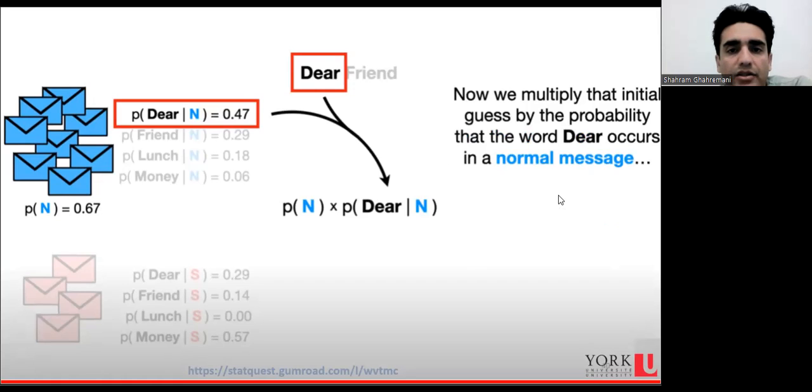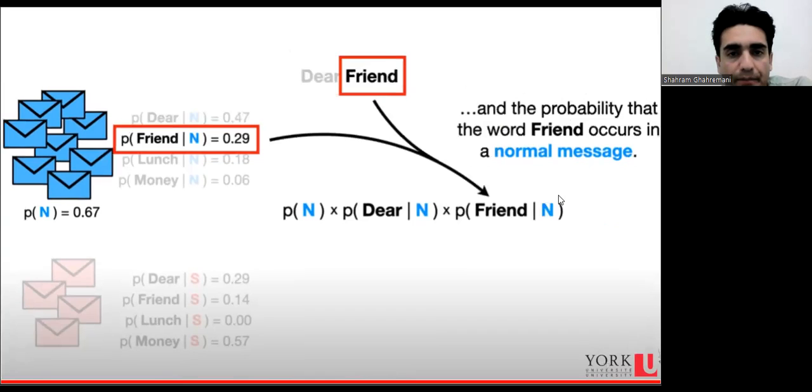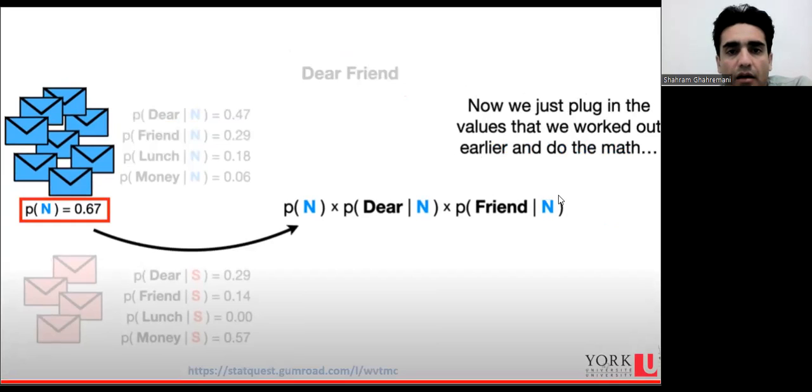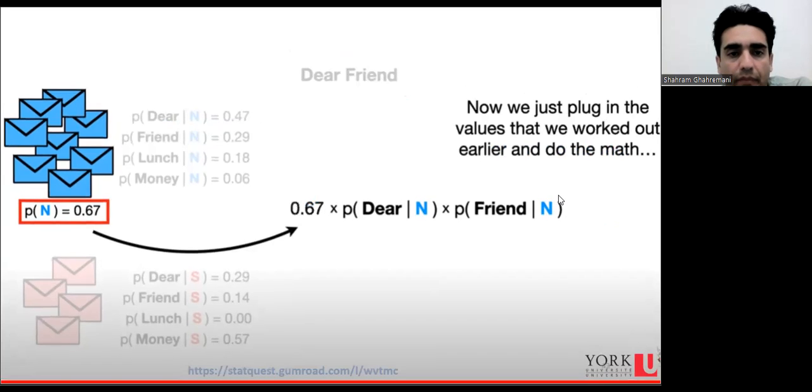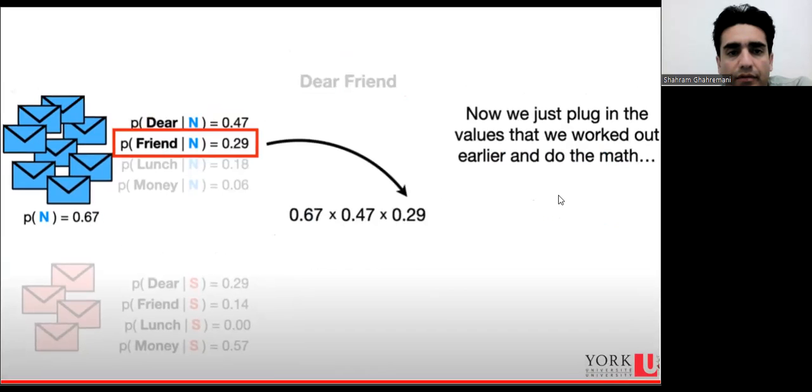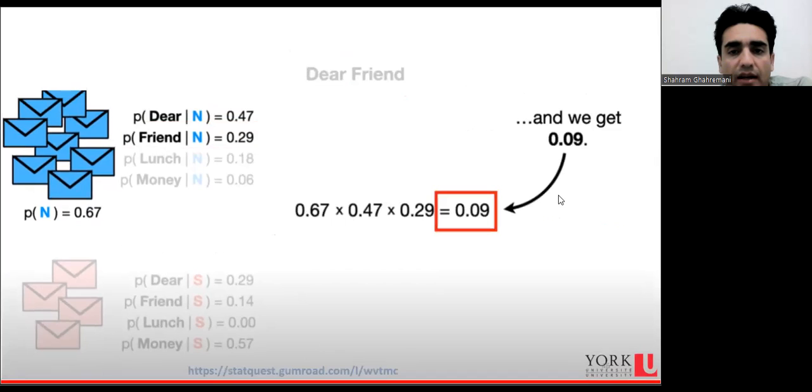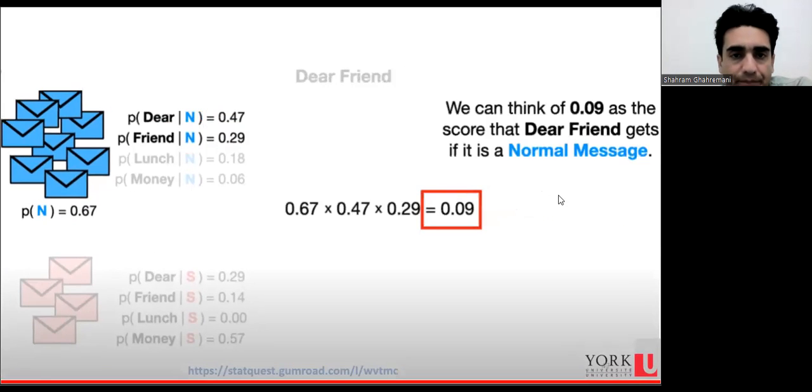Now we multiply that initial guess by the probability that the word dear occurs in a normal message, and the probability that the word friend occurs in a normal message. Here we just plug in the values that we worked out earlier and do the math for dear and friend, and we get 0.09.